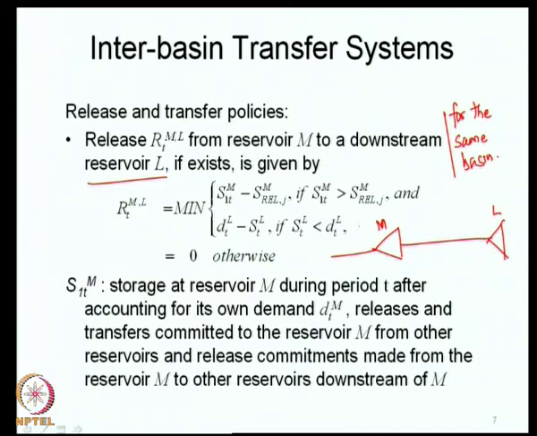So, you may have transfers coming from other reservoirs of other basins, you may have releases coming from its own other upstream reservoirs from the same basin. You account for all of this input that has come here and then call it as S1T.